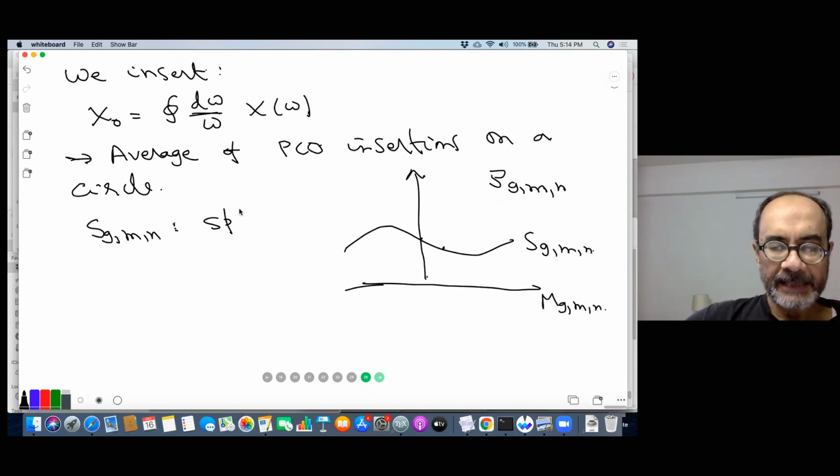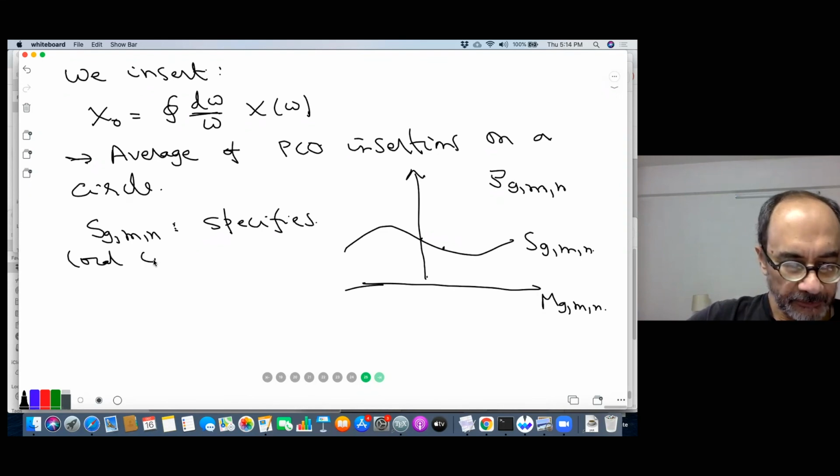Now, what this is saying is the near degeneration, when Q is small. So this specifies local coordinates and PCO locations.